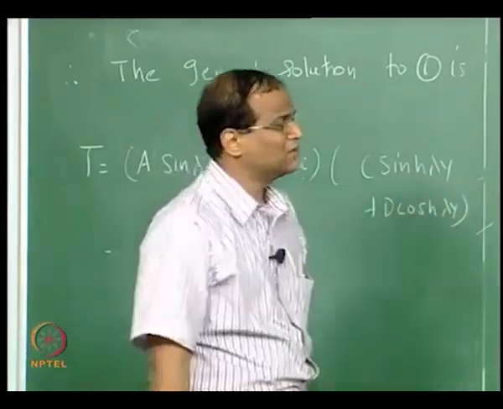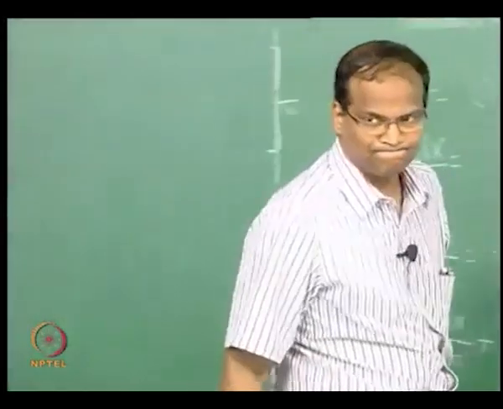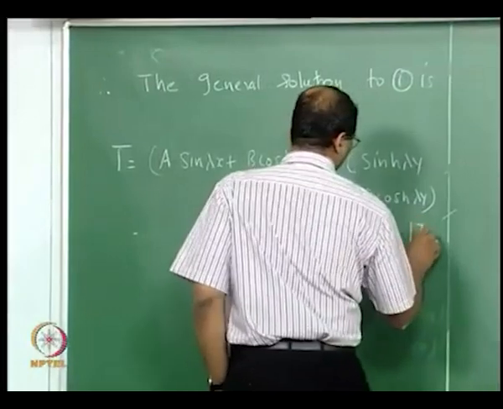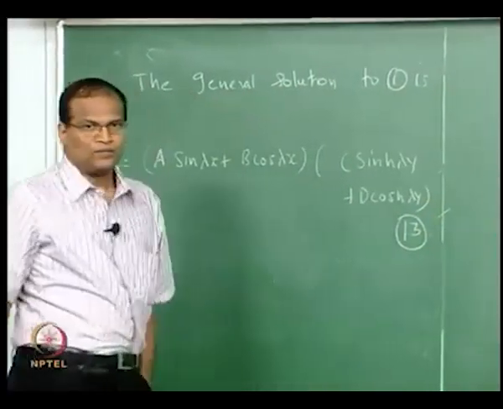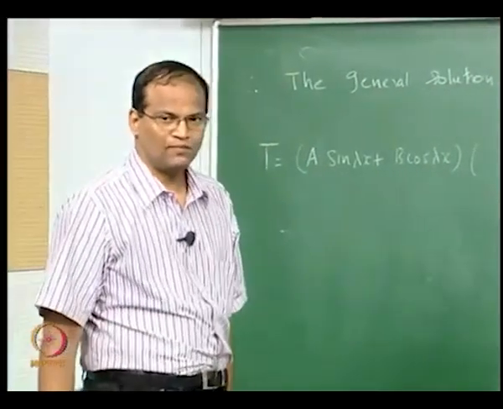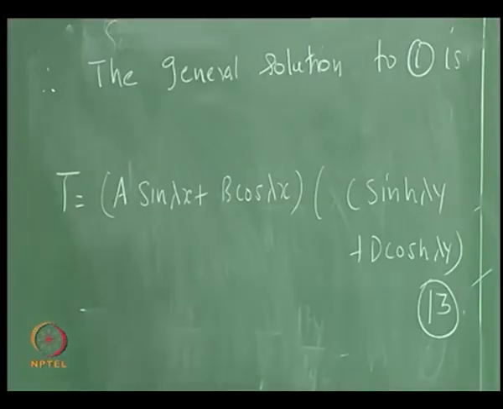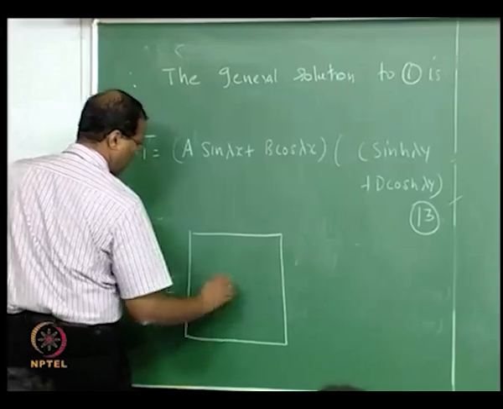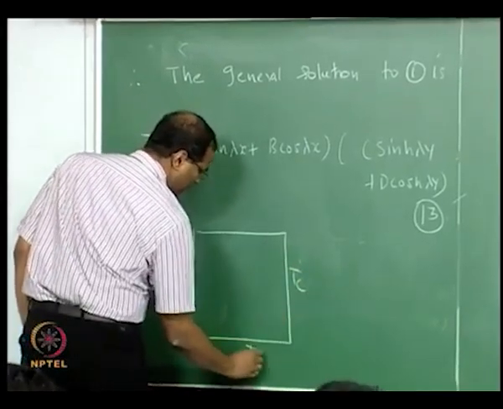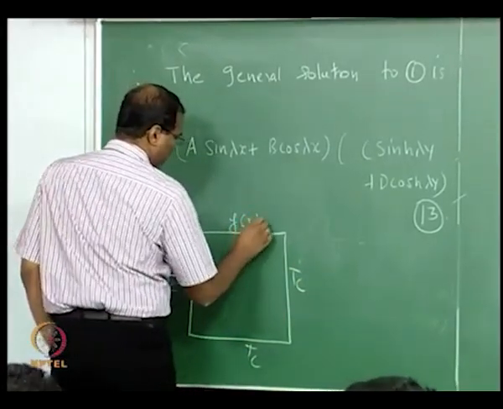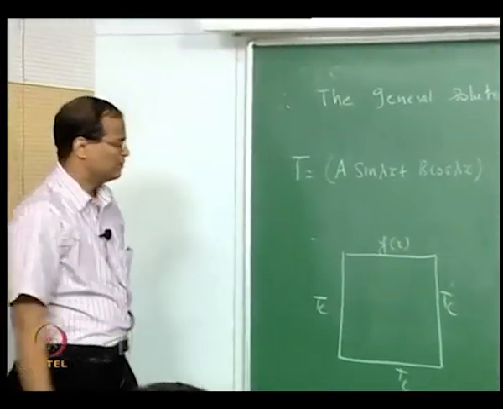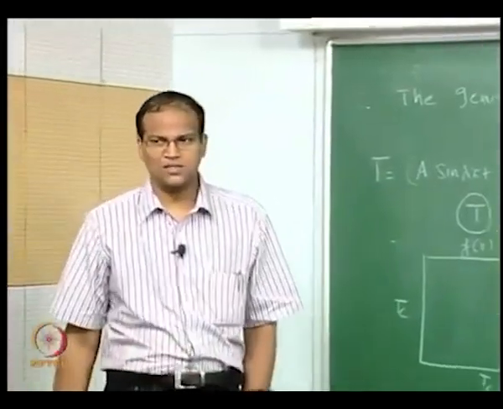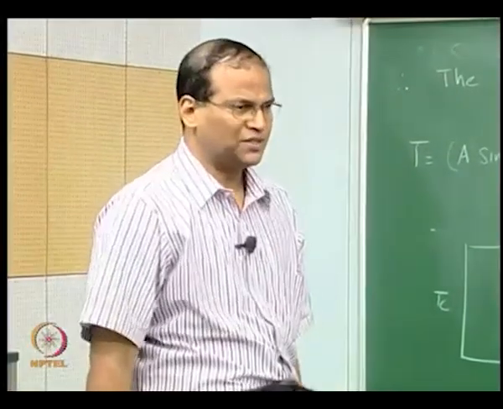Yeah, what is the equation number 13? Okay. Now these are the boundary conditions on the variable T, where T is the temperature.